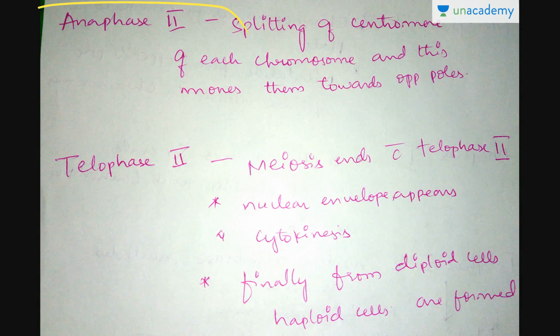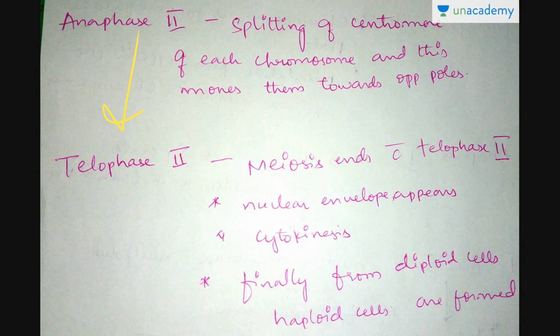Next, anaphase 2. The next phase after metaphase 2 is anaphase 2. In this, the splitting of the centromere is seen, and after splitting of the centromere of each chromosome, they move towards the opposite poles. By the end of anaphase, the chromosomes will have moved to the opposite poles of the cell. Telophase 2 is the next phase.